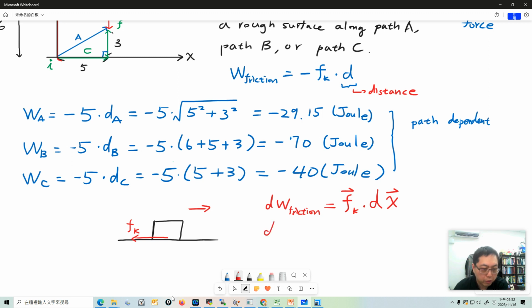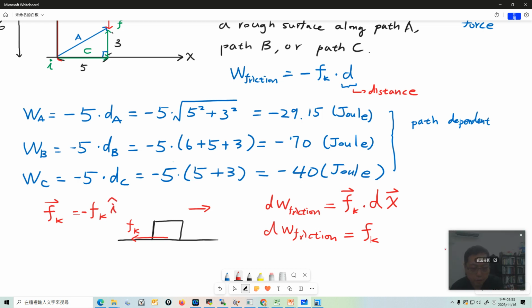The friction force vector is minus Fk in the i direction, so negative Fk i dot delta x i.